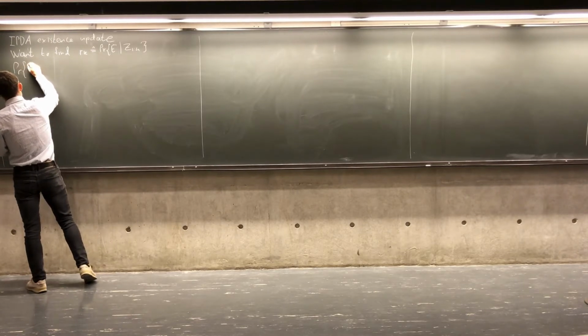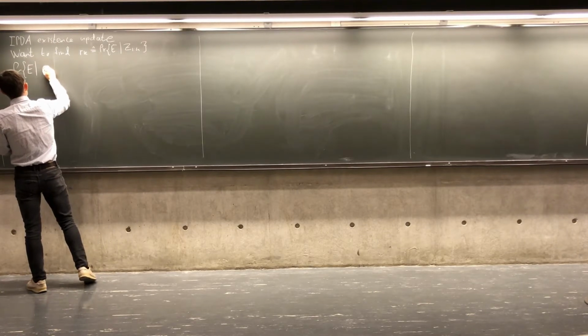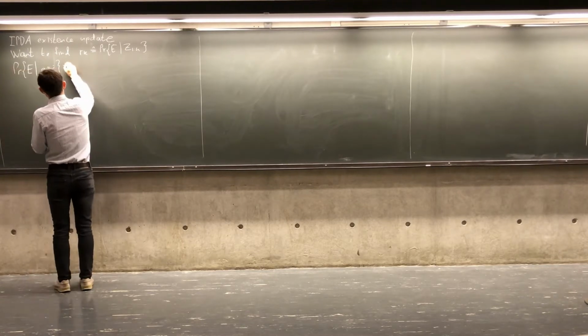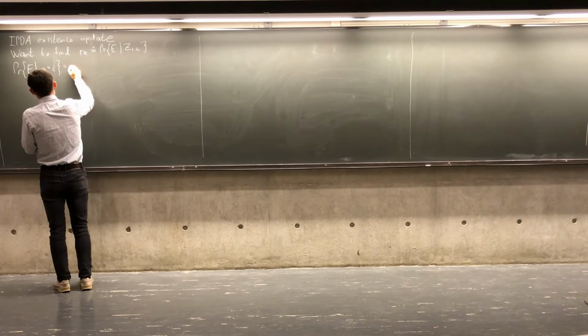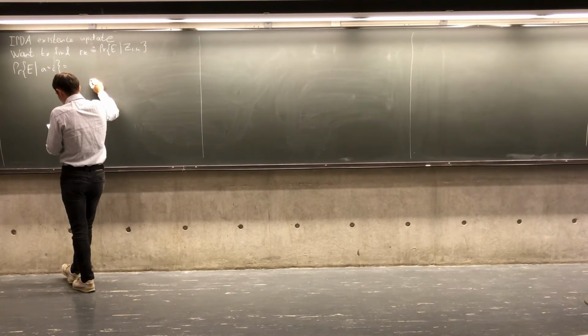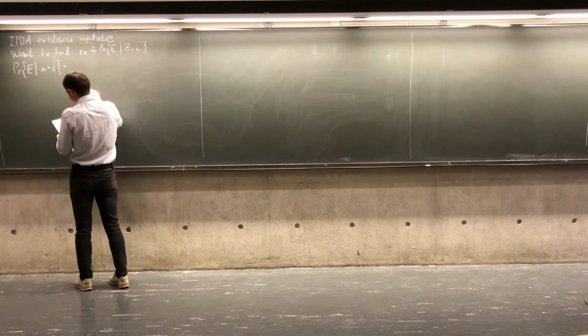So let's first look at the probability of existence, given that A equals i, which is greater than 0.